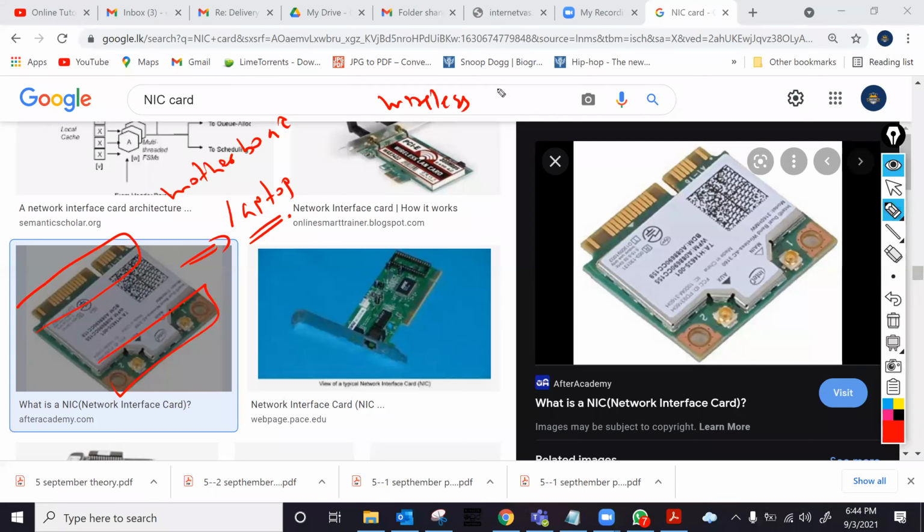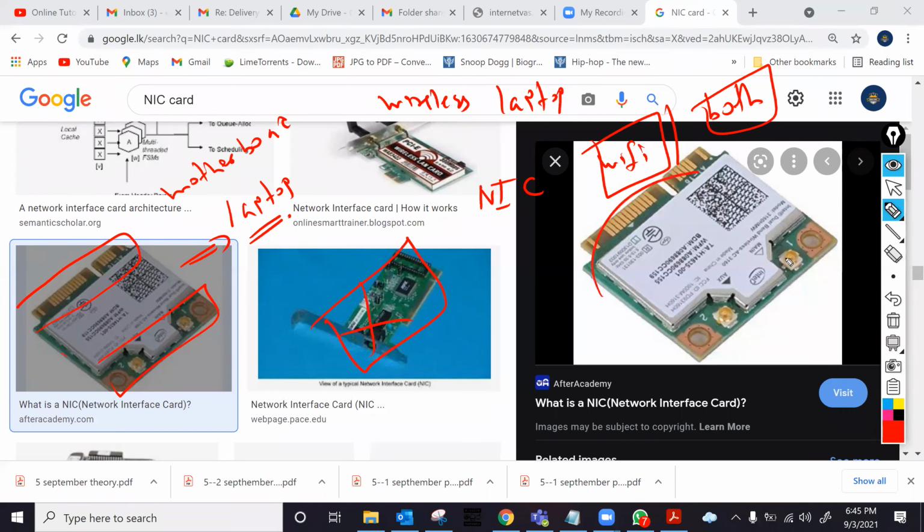Normally a laptop has both components, the network interface card and this wireless card, because a laptop can access the internet through both Wi-Fi and wired. Earlier laptops had both, but some laptops nowadays don't have this network interface card.